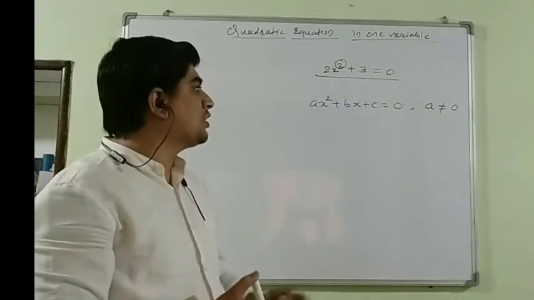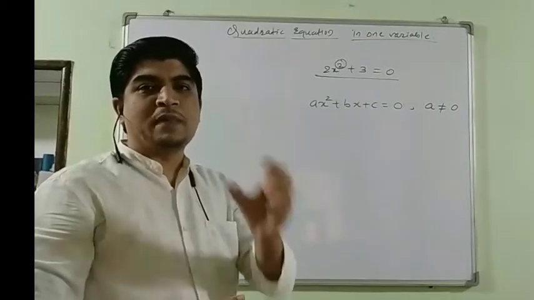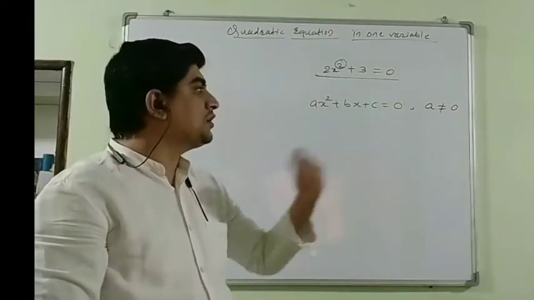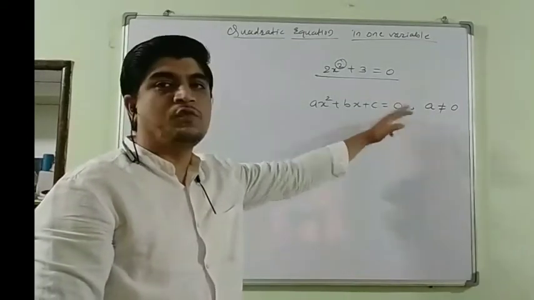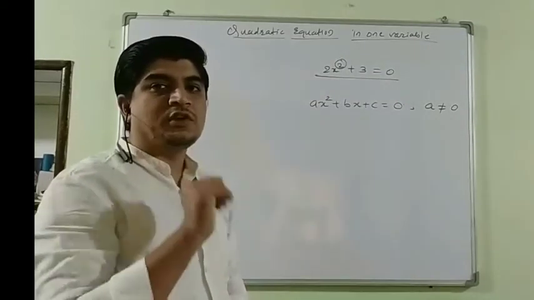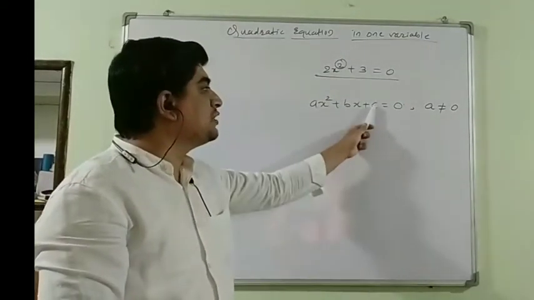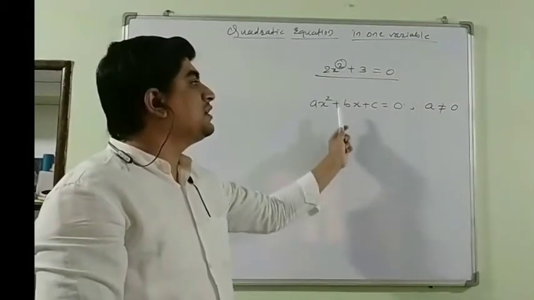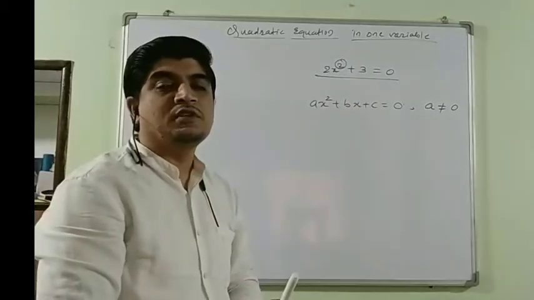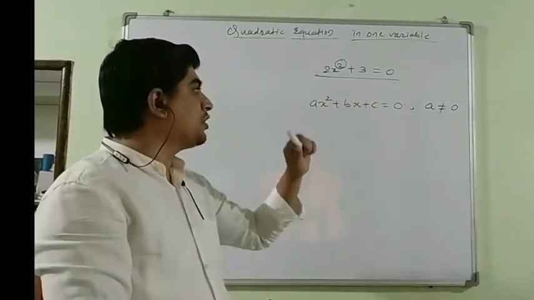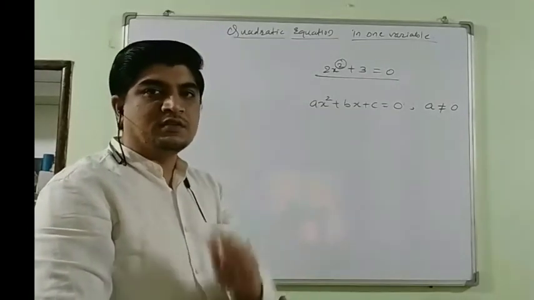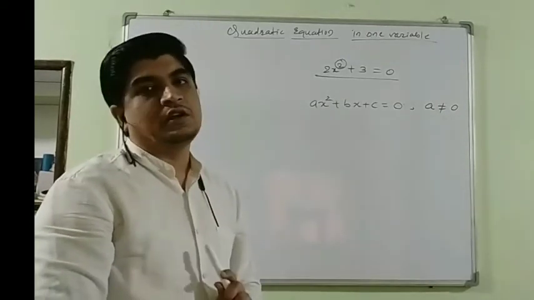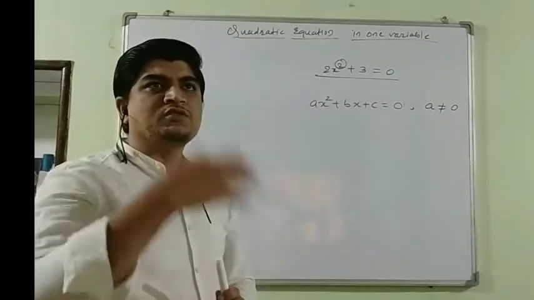The same is for the quadratic equation, because when we equate that quadratic polynomial to 0, and substitute some value of x in the LHS, ax square plus bx plus c, and we get 0, then that value of the variable is called a solution of that quadratic polynomial. If we consider the quadratic equation, that value of variable is called a root of that quadratic equation.